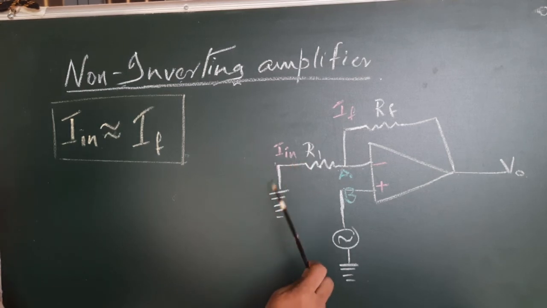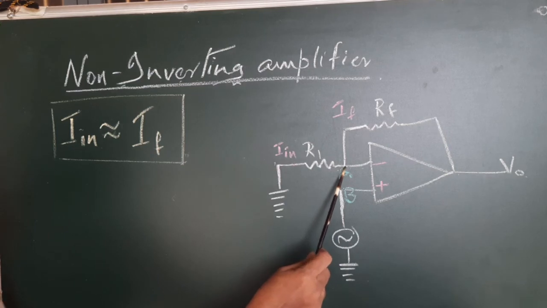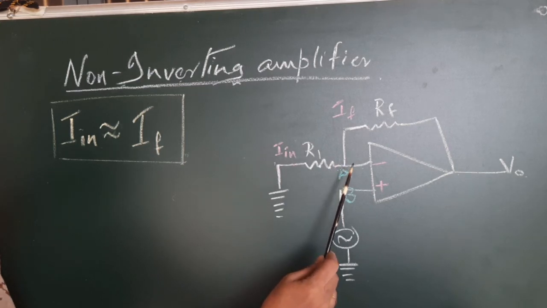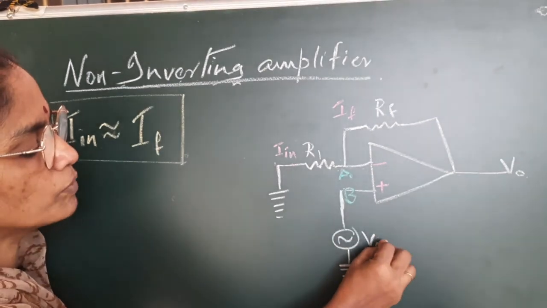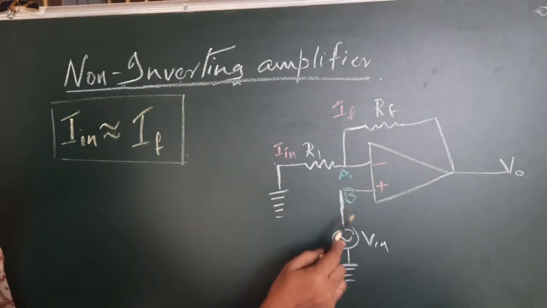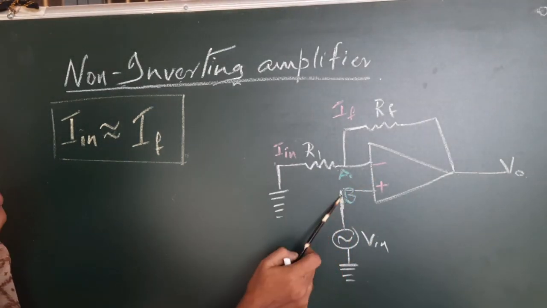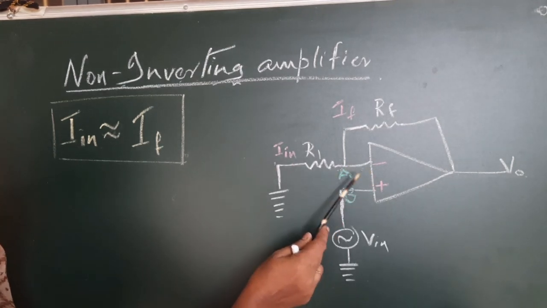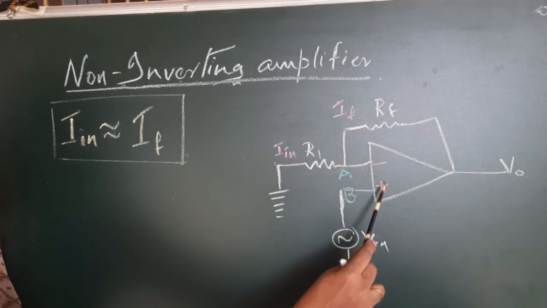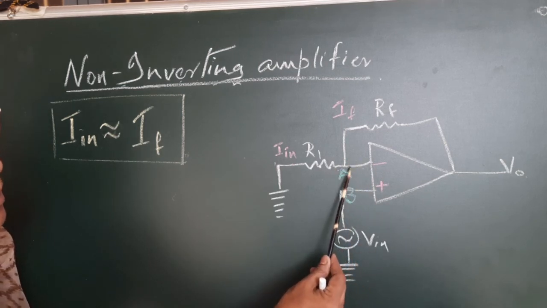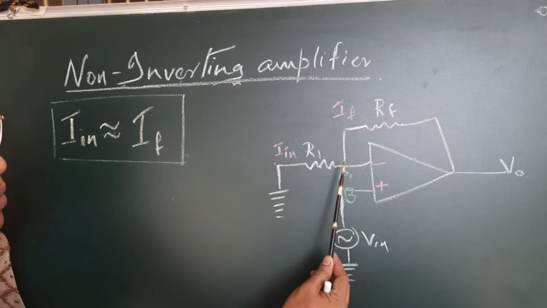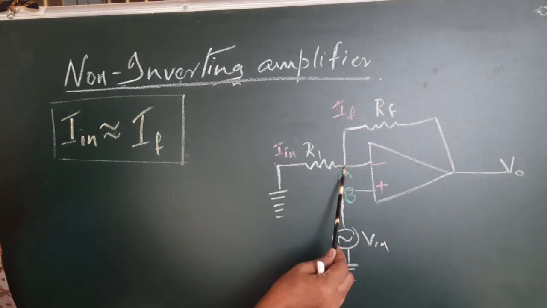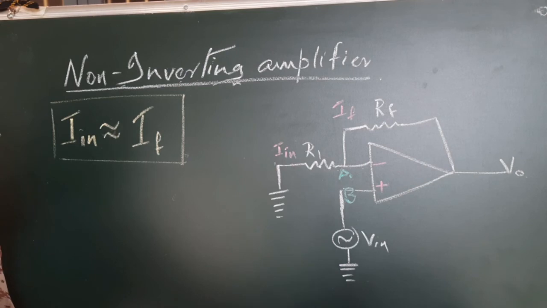What about this end of R1, the point A? You know that at the terminal B we have the input signal V in. So the potential of B is V in. The potential of A will also be V in, because only then can you justify that no current is flowing through this. So effective potential of VA, we can take as V in itself by the concept of virtual ground.